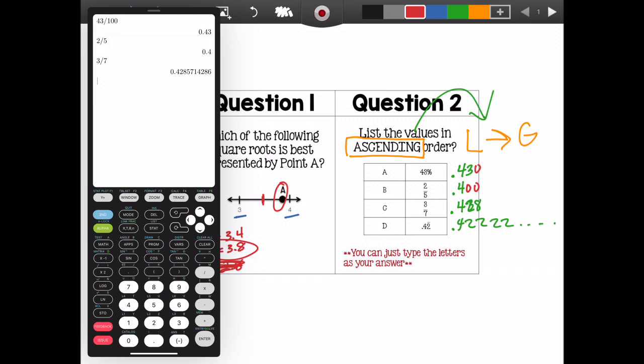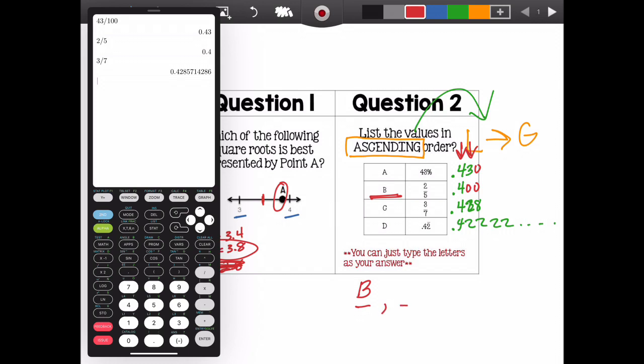Looking at the tenths place, they're all 4. So I'm going to go to the hundredths place. 3, 0, 2, and 2. If I'm looking for the smallest number, I know that 0 is smaller than 3 and 2. So B is going to be my first letter.